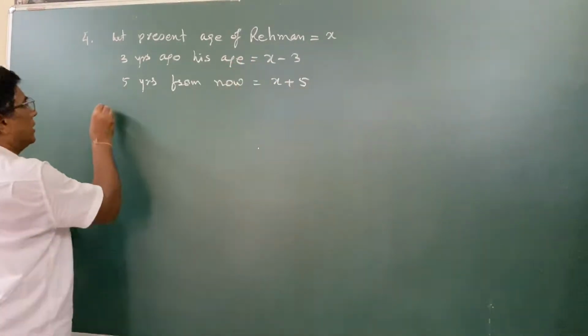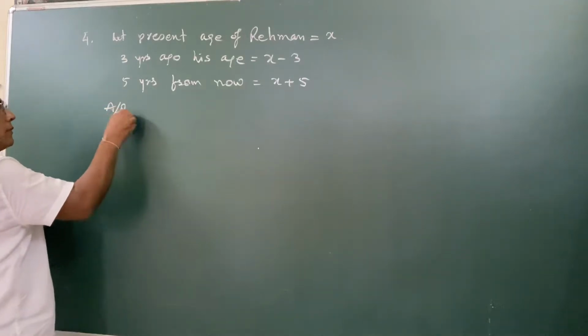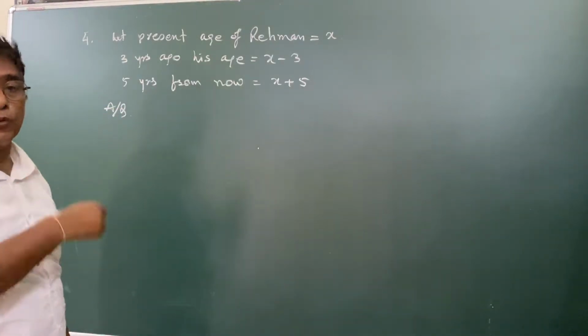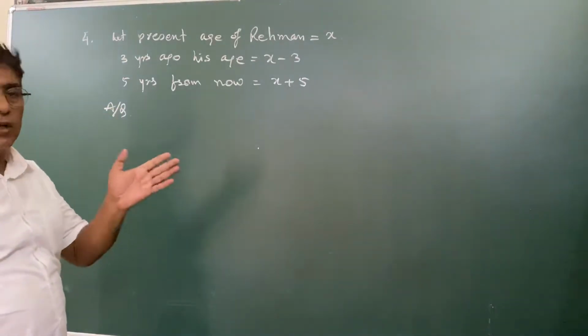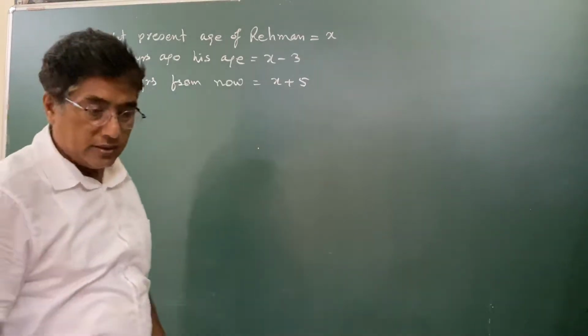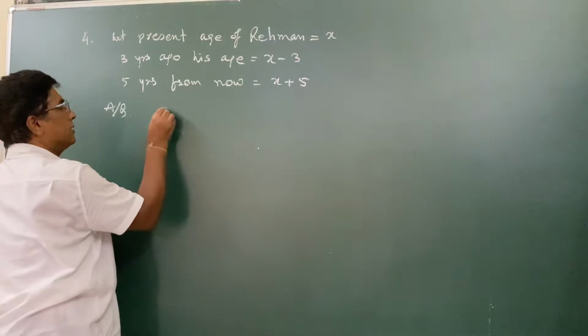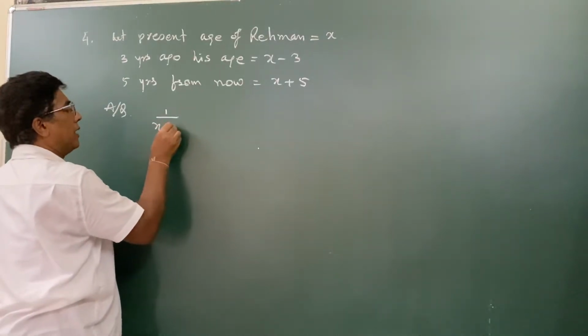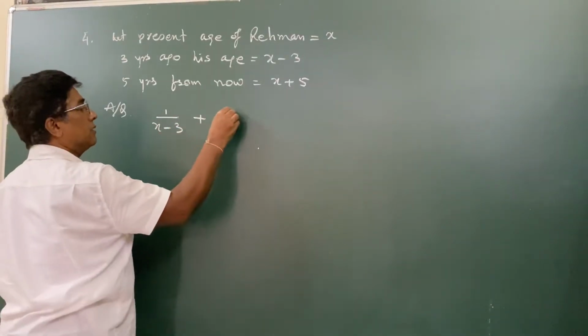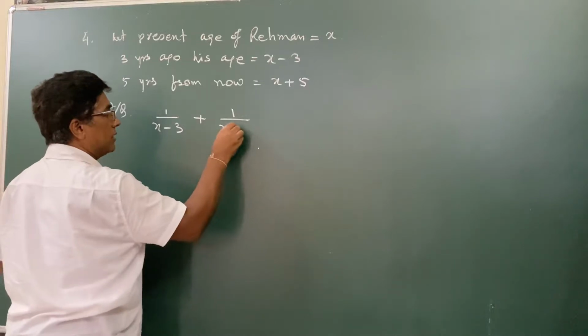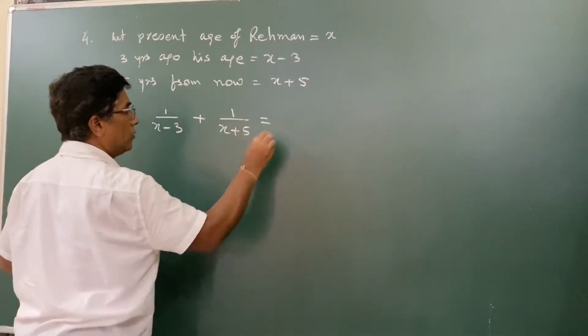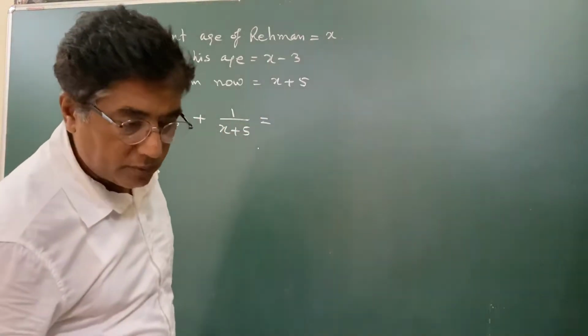Isn't it? Now what does the question say? The sum of the reciprocal of his age 3 years ago and 5 years from now is 1 by 3. So reciprocal of this, 1 by x minus 3 plus 1 by x plus 5 is equal to 1 by 3.